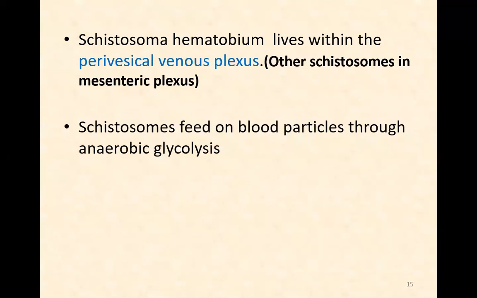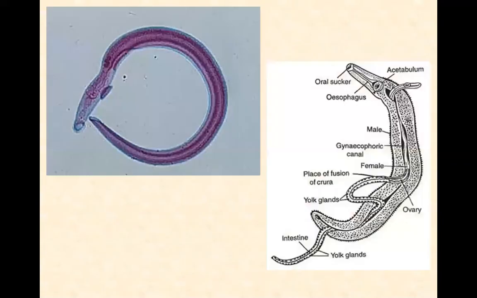Schistosoma haematobium lives within the perivesical venous plexus, that is the venous plexus around the urinary bladder. All the schistosomes, that is all three species of schistosomes, feed on blood particles through anaerobic glycolysis.